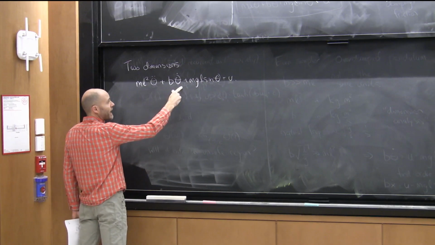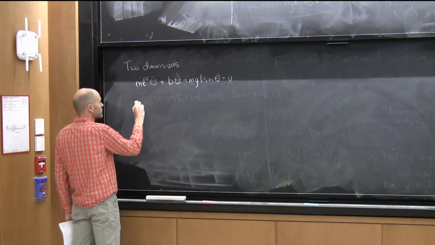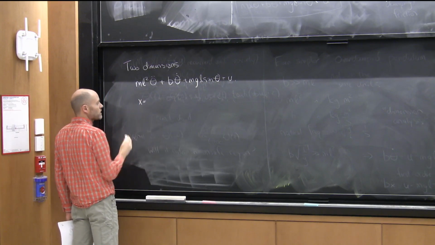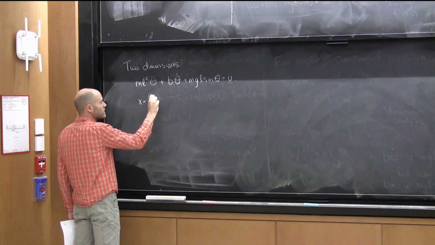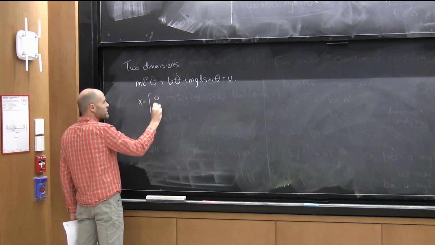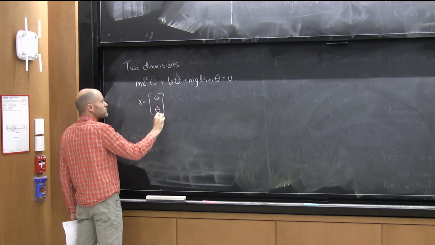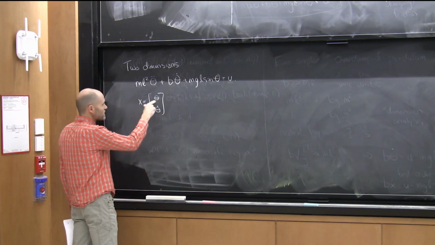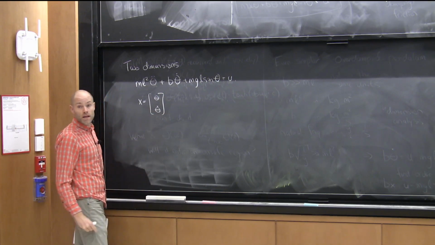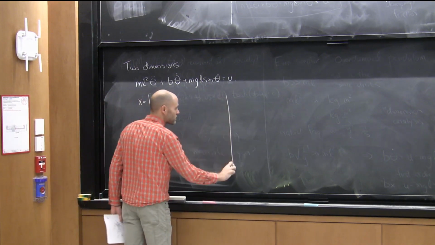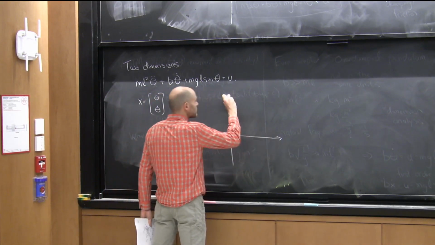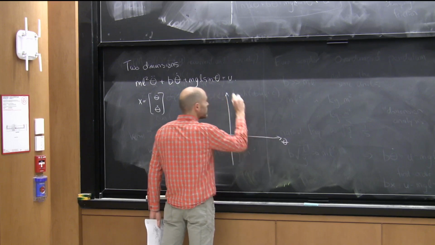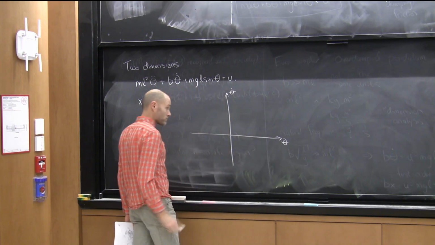But I can make a plot of this where the input is my position and velocity. It's a phase portrait if you haven't seen it, right? But my input is theta and theta dot. And so that corresponds to now a plot, again with theta and theta dot here.